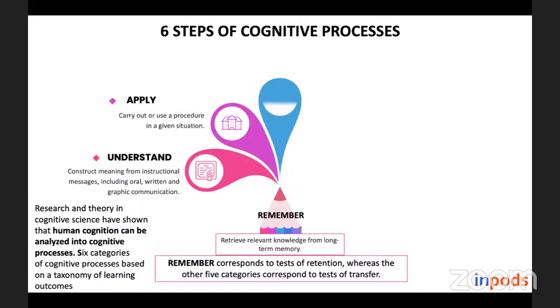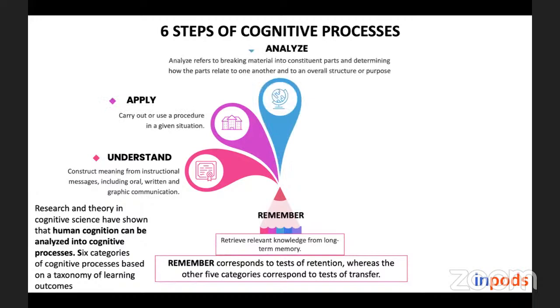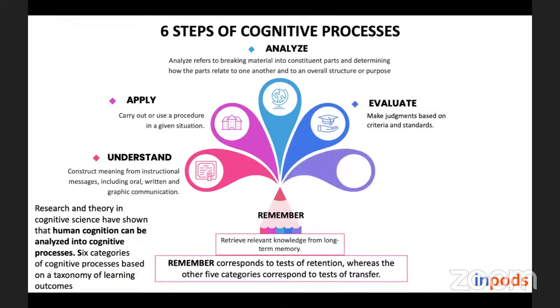All other steps in the cognition are called transfer of the knowledge. So if remembering is weak, everything else will be weak. There is a lot of discussion about lower order and higher order, but in the lower order, in my opinion, remember is the most important step.